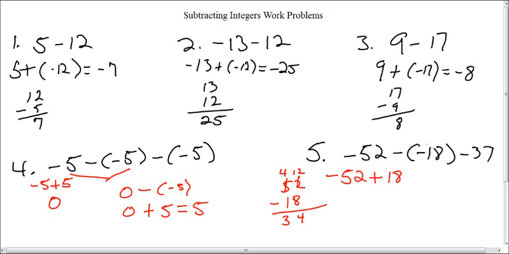So this will give us 34, and this will be 34 minus 37, which will now be 34 plus a -37.